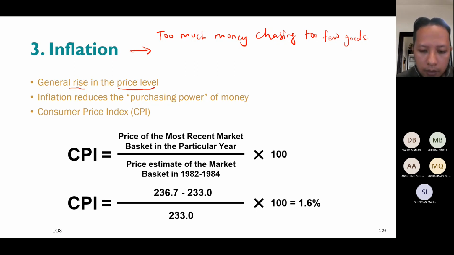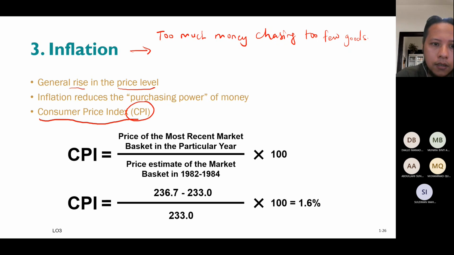And when they bid up the price, they will cause inflation. Okay, so generally, inflation you can calculate through the consumer price index. So we have the consumer price index, the CPI.